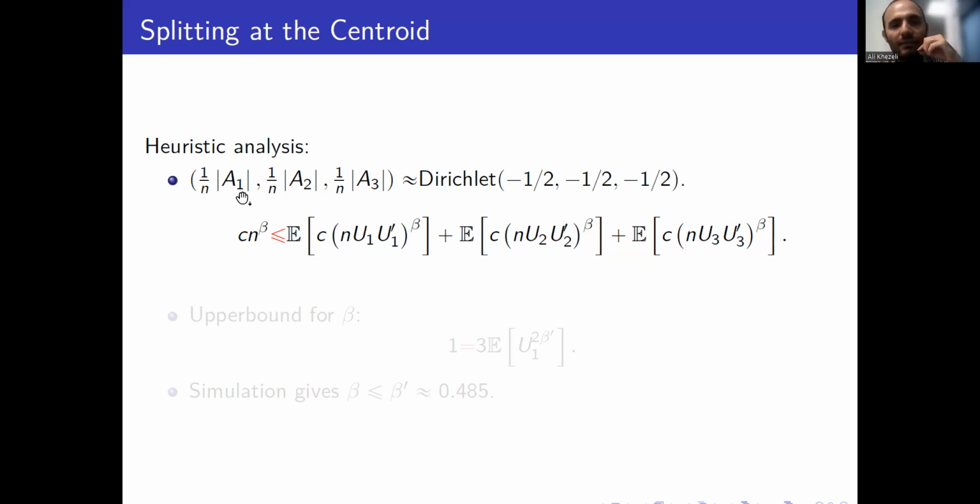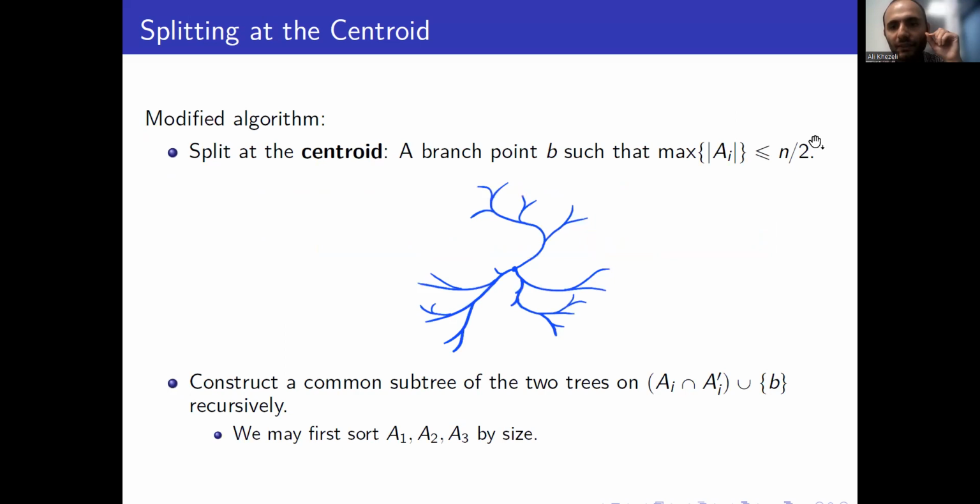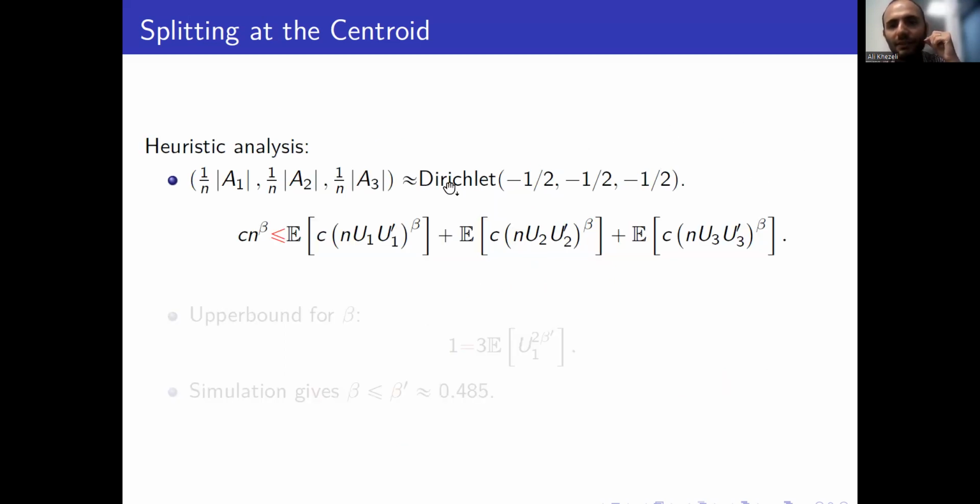Recall that when we split at the centroid, each of the three arguments is less than 1/2. This is by the definition of the centroid. So this Dirichlet distribution is not defined on the whole simplex, so it is still well defined. If we define it on the whole simplex, the integral would be infinite, so that's a problem. But if we restrict it to the subset of the simplex, it is okay.